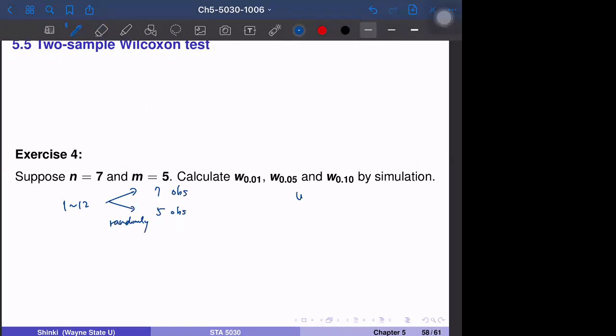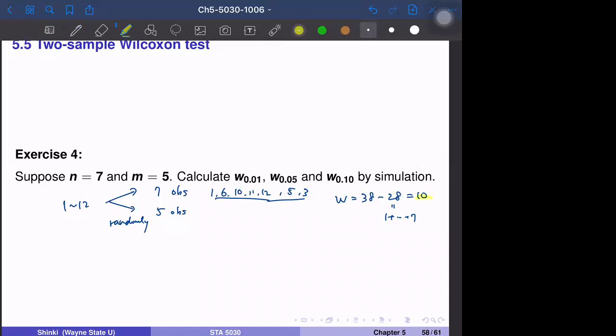Then we calculate W. For example, the 7 observations might be 1, 6, 10, 11, 12, 5, and 3. W is the summation of this minus 1 plus 2 plus up to 7, which is 28. So the sum is 38, and 38 minus 28 is 10. So we can simulate W as 10.